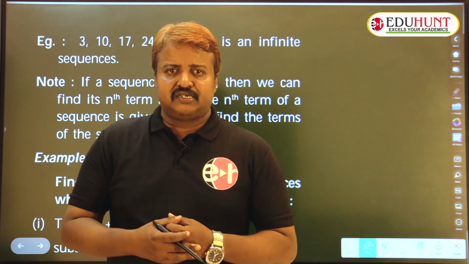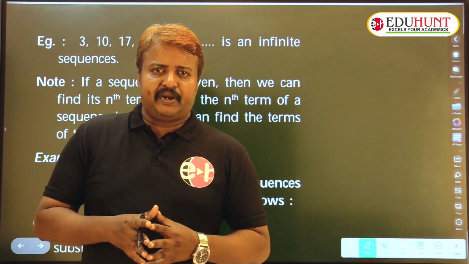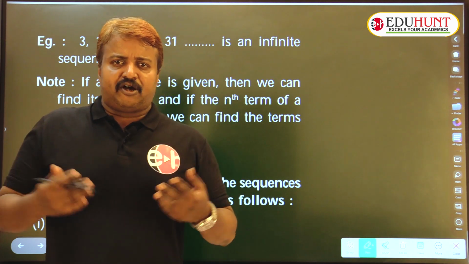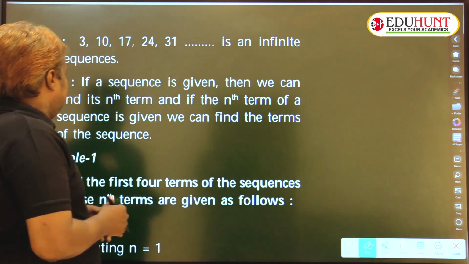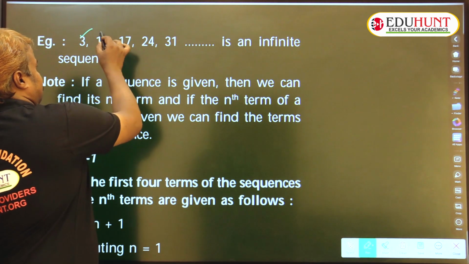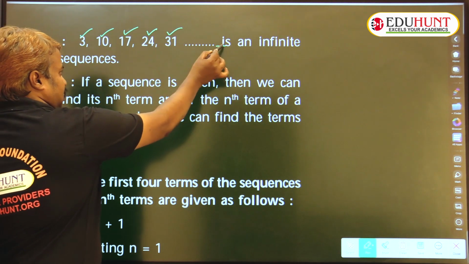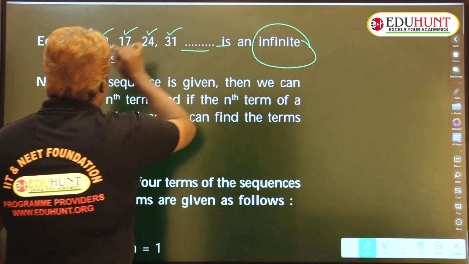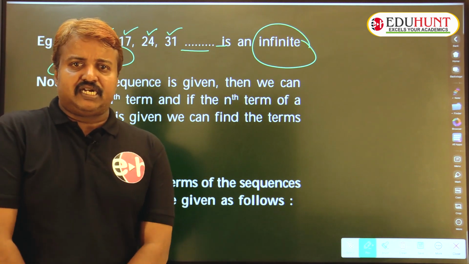Infinite means it has many terms. In a sequence, if you get 3 as the first term, then second, third, fourth, and so on, it is not a finite number, it is an infinite number. That's why these sequences are called infinite sequences.